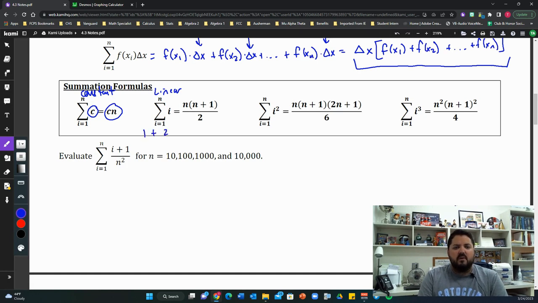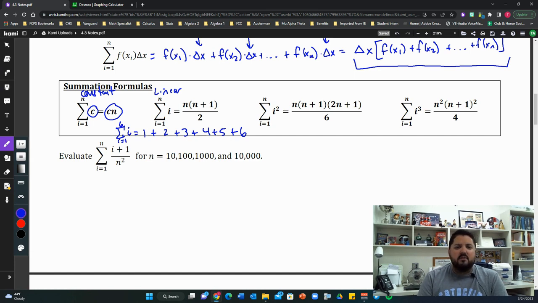For example, if I had 1 plus 2 plus 3 plus 4 plus 5 plus 6, that would be 6 terms all generated by the pattern from i equals 1 to 6 of just i. So that perfectly matches this notation, but now I've chosen a value for n.